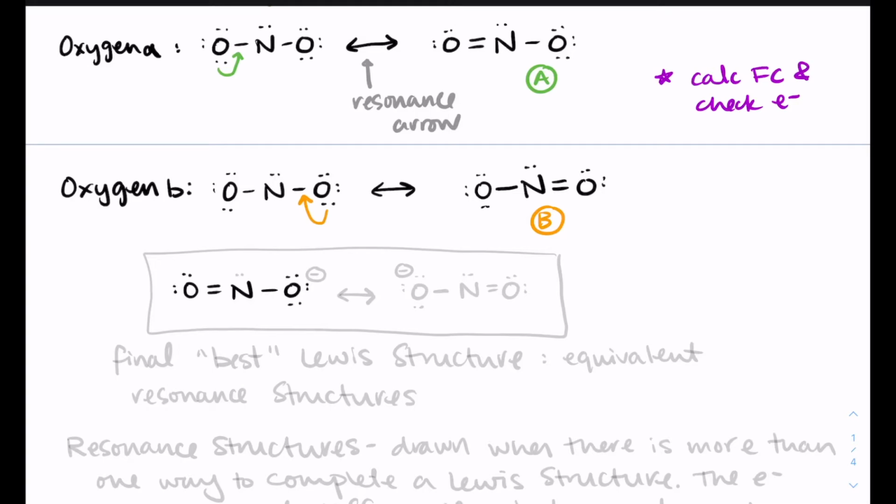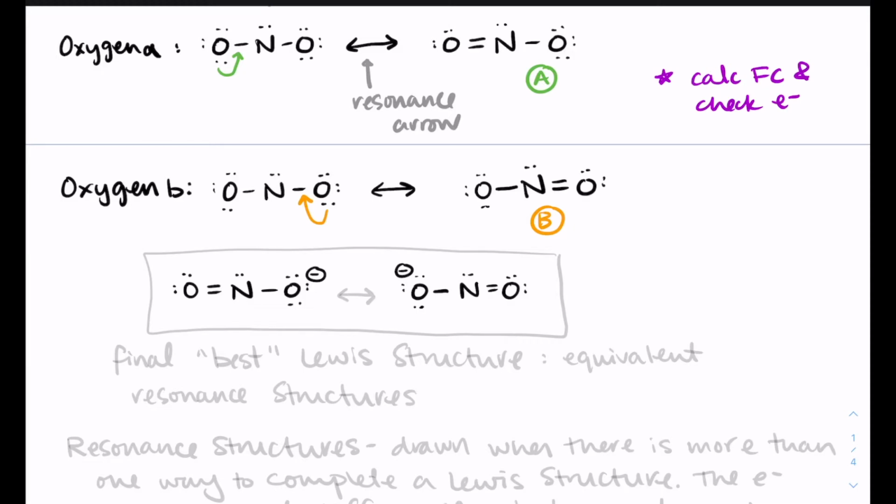So pause here if you would like practice calculating these formal charges. Welcome back. What you should find is that nitrogen, with a total of 3 bonds and a lone pair, has 0 formal charge.